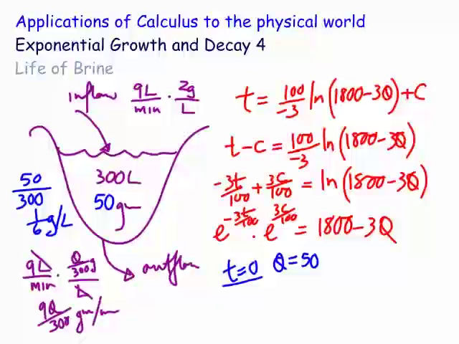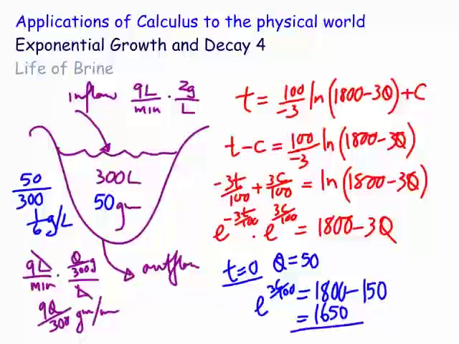So therefore, when t is equal to 0, e to the 3c on 100 is just 1800 minus 150, which is 1650. So this is now going to be the value of our constant here.